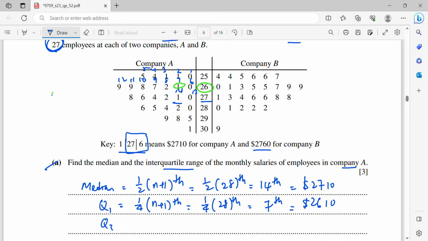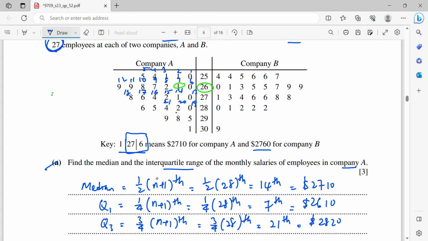Then Q3 is 3/4 of (n+1), which is 3/4 of 28, so I will get data number 21. I will continue labeling the data: 15, 16, 17, 18, 19, 20, 21.